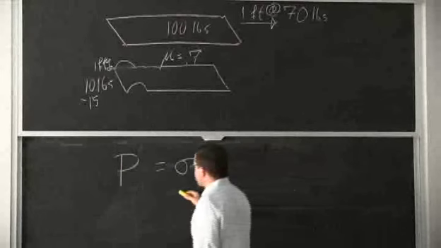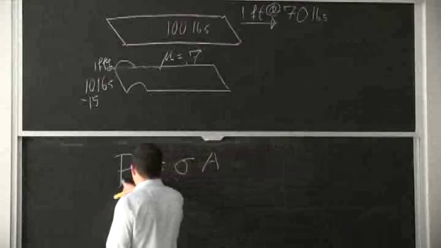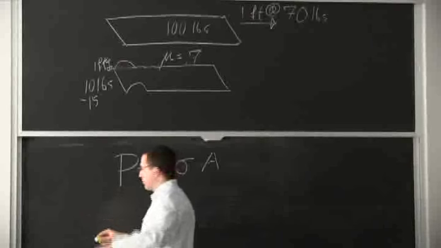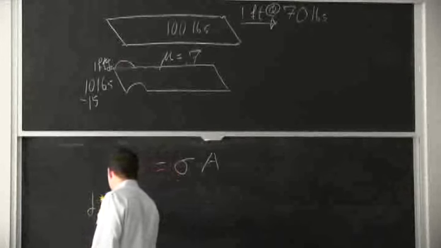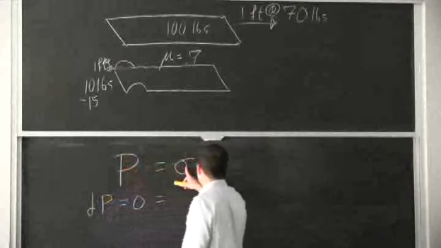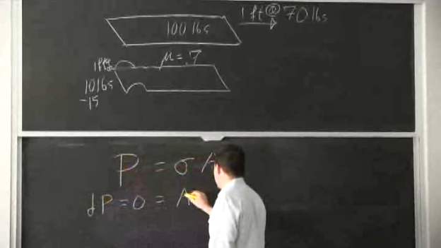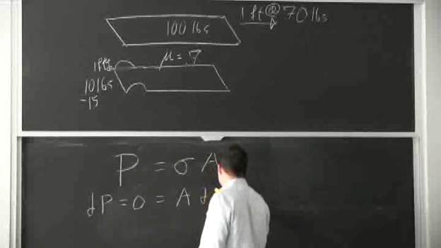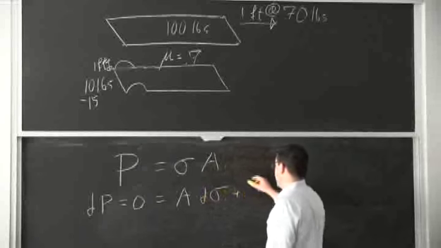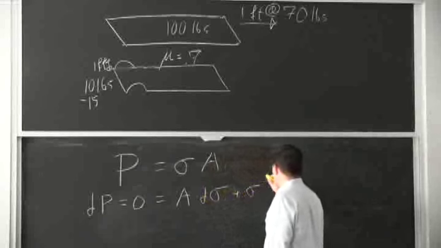Now, at the peak load, we know that there's no variation in load anymore. We just reach a plateau. So we have dP is 0, but it's also the variation in stress times the area, and the other way is true as well. So we have sigma dA.